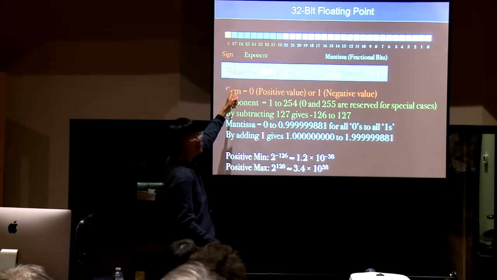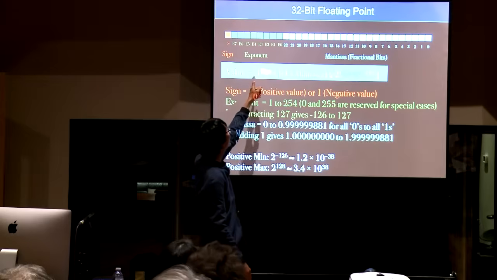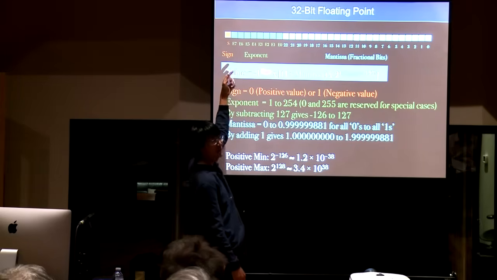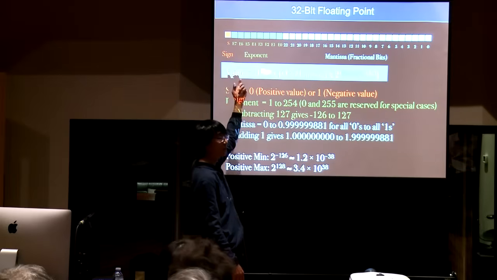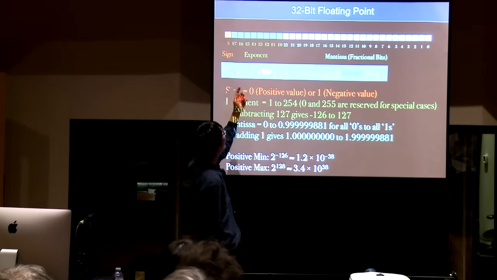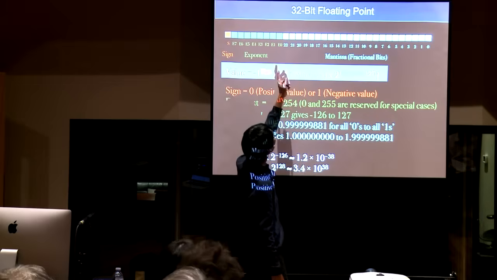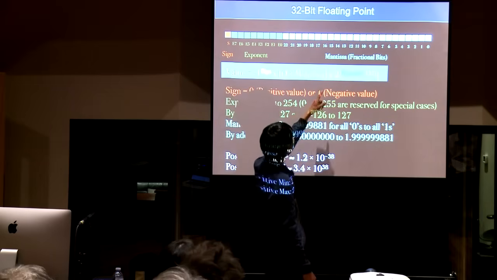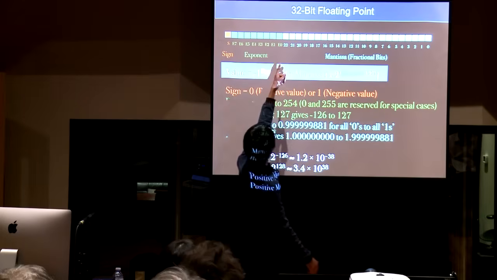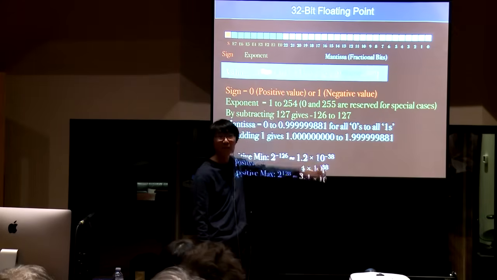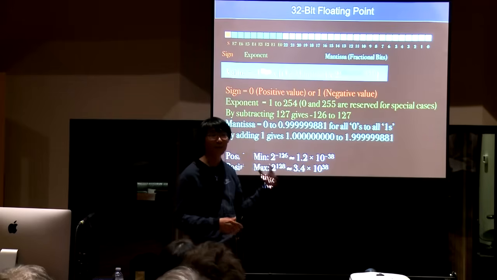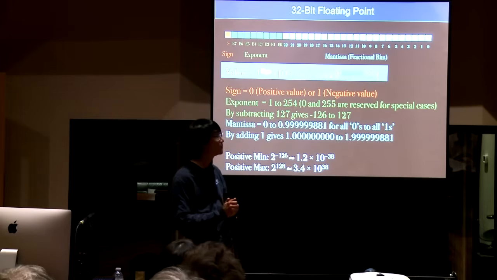So the value will be minus 1 to the power of sign, just like the fixed point. If the sign is a 1, then it's -1. If it's 0, then it's a positive number. And then 1 plus this binary fraction, and then times 2 to the power of this number minus 127. So that's it. That's the definition of a 32-bit floating point.